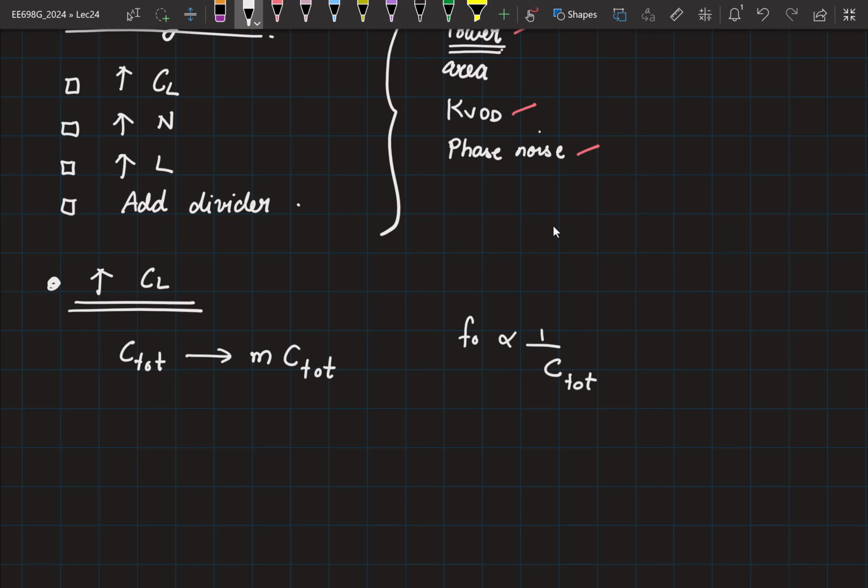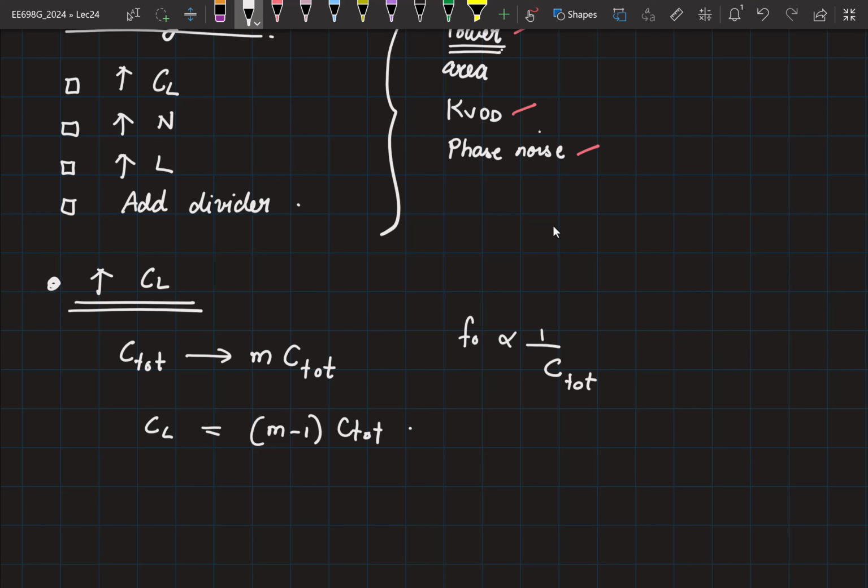So this means your C total has to increase by M times. Which means you will have to add an additional capacitance given by M minus 1 times C total, because C total is already there. So you have to add so much capacitance in addition.